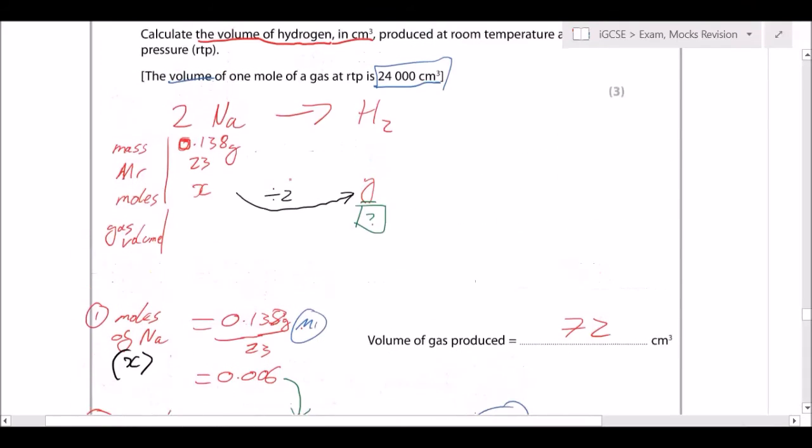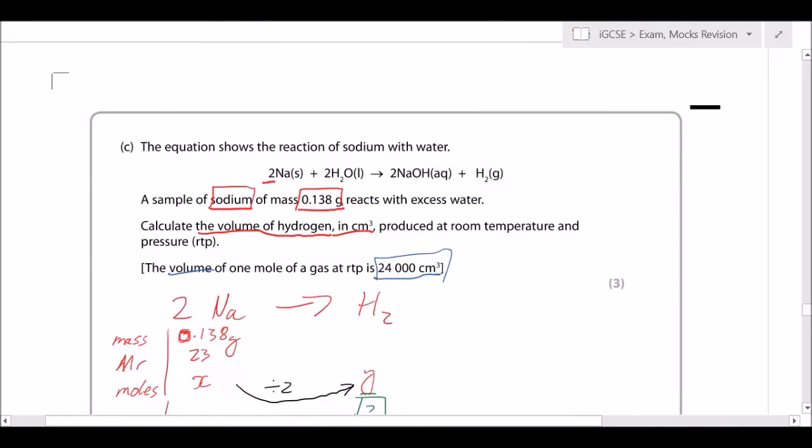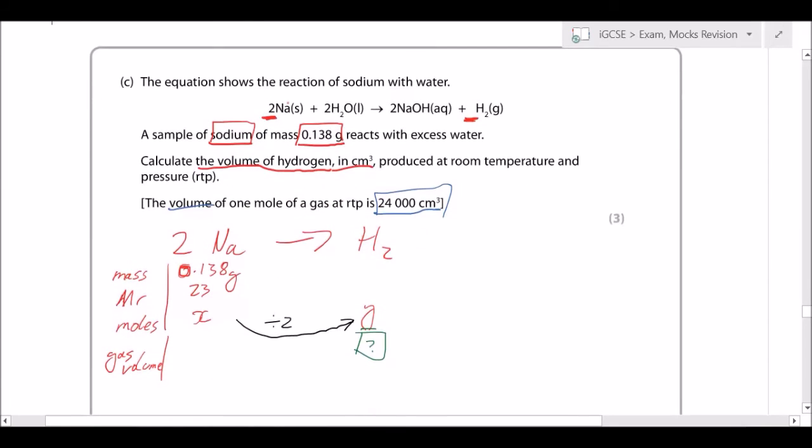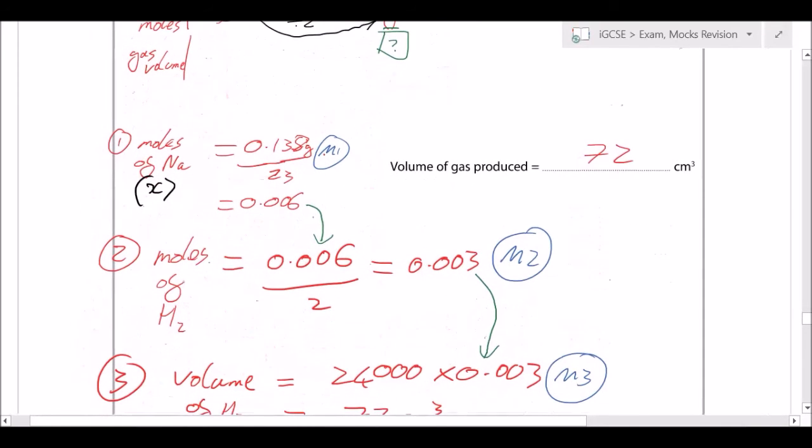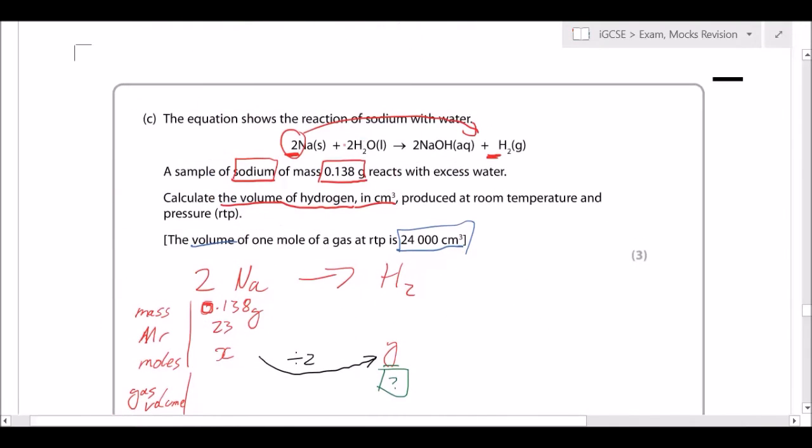Then, from the equation we can see that 2 moles of sodium goes to form 1 mole of hydrogen, so we need to change our ratio, 2 to 1. As you can see here, I've divided x by 2 to get y. So moles of H2, we're going to divide by 2, again that ratio, 2 sodiums to 1 hydrogen.